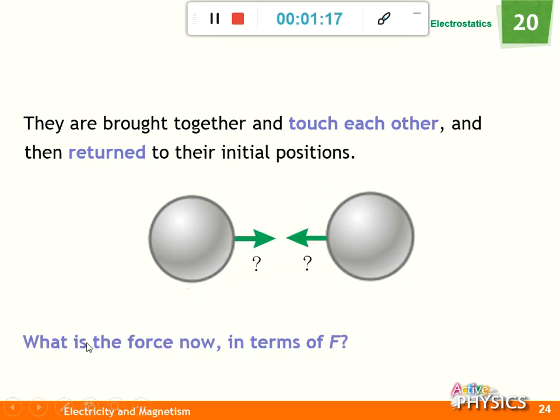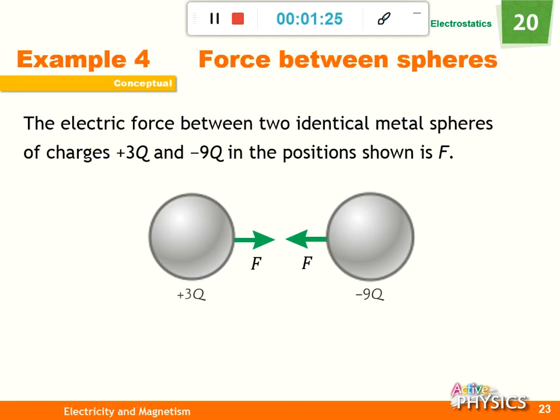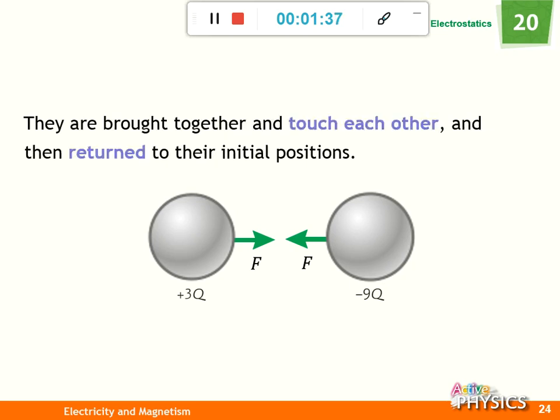Okay, in this case, what should you do? Here we have two different cases, two different situations. Focus on the first one. Here, positive 3Q, negative 9Q, and the distance is unknown. We can say unknown R. Then the force should be F. Here, you should try to write it down.